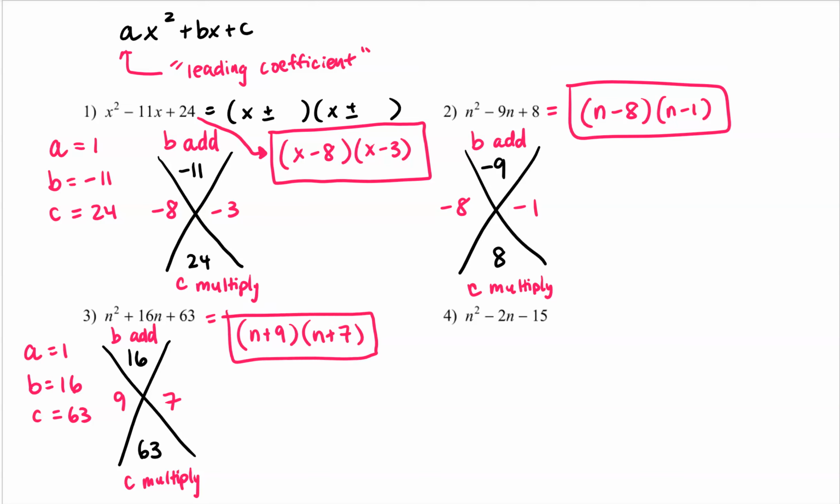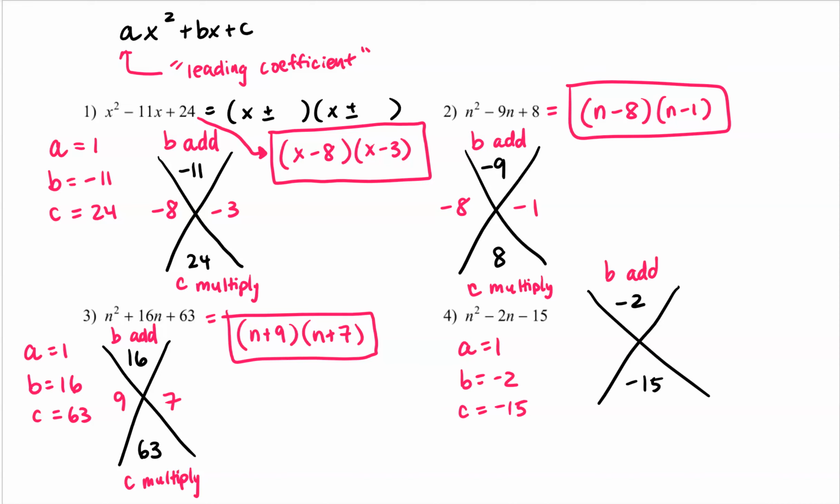Example 4 says n squared minus 2n minus 15. Let's identify: a is equal to 1, b is equal to negative 2, and c, our constant term, is negative 15. So if I make my x, I'm going to put negative 2 on the top and negative 15 on the bottom, and I want to find two numbers that add to negative 2 and multiply to negative 15.